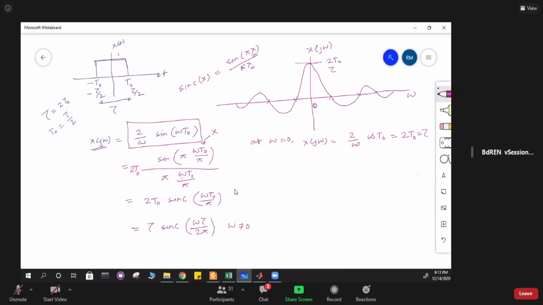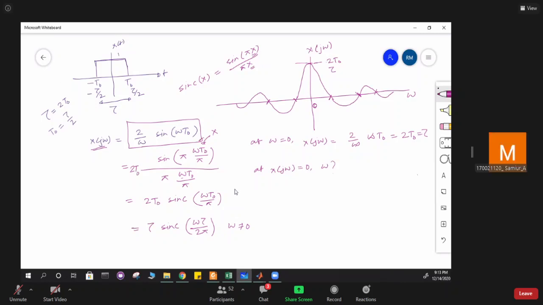So now if we want to calculate these intersection points, how can we find that? At X(j omega) equal to 0, we need to calculate omega. Basically in these points your X(j omega) is 0. So this is your X(j omega).